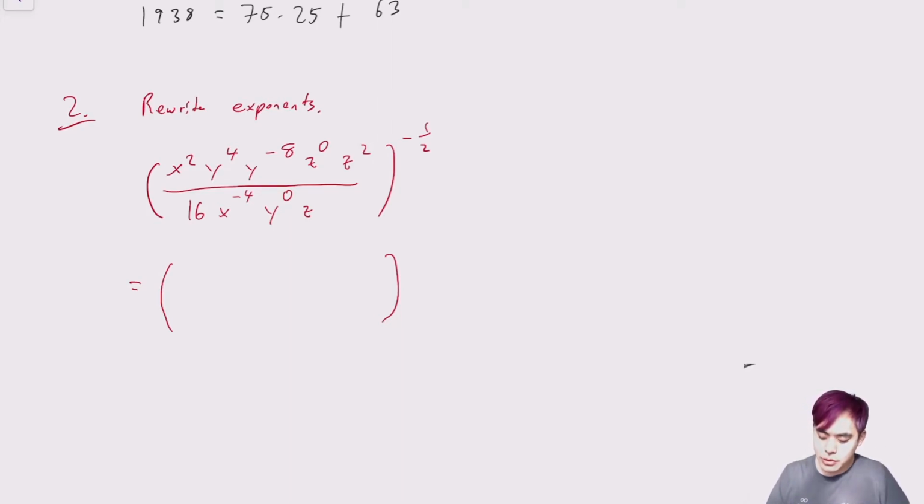And so if you multiply these together, what you're left with is x to the 6 on top, because that's 2 minus minus 4. And for y's, you have 4 minus 8, so that's minus 4. And for the z's, you have a z on top divided by 16, right? And this is all to the minus 1/2 power.